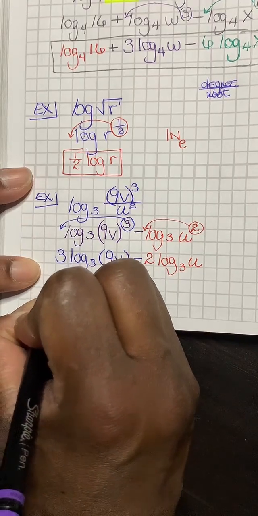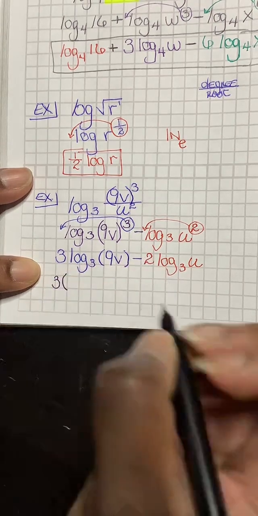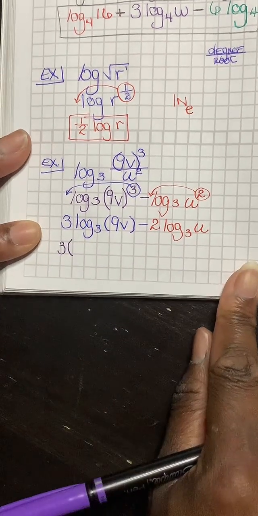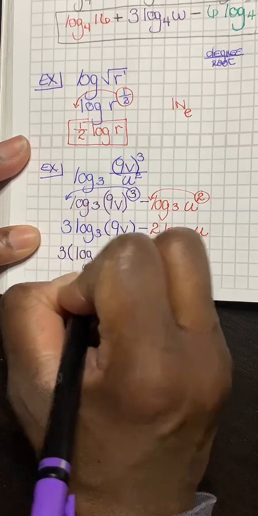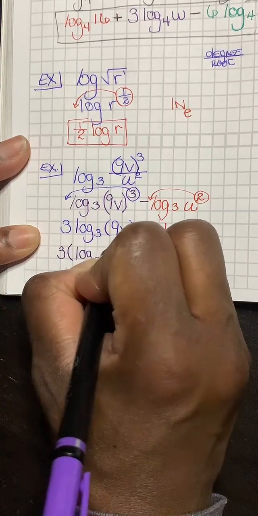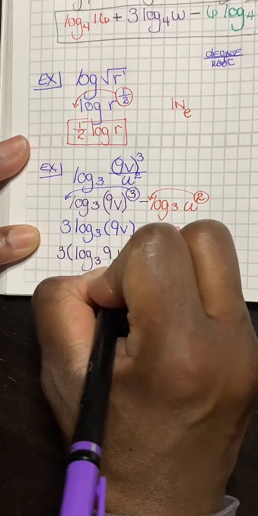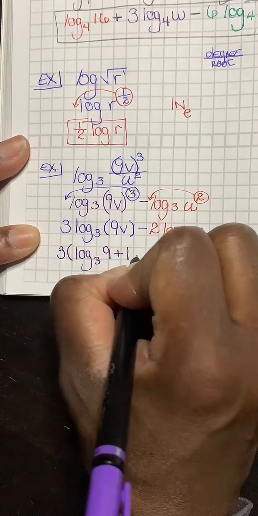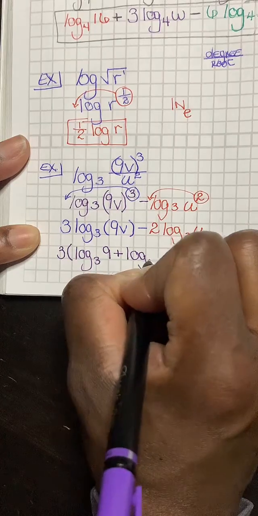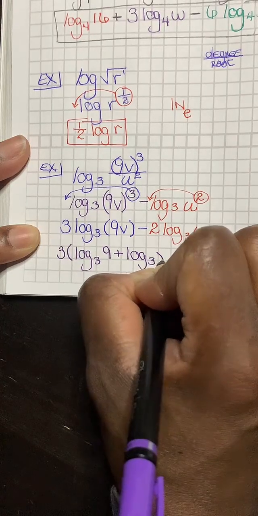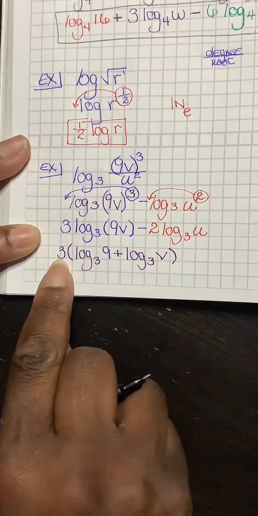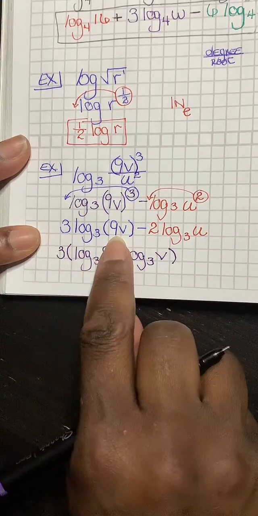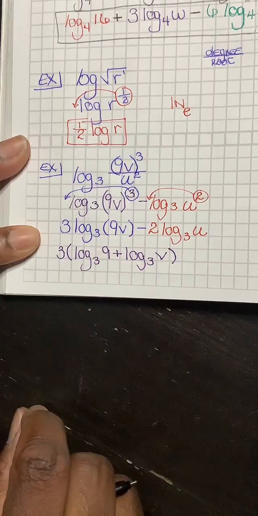But this time, I'm going to put parentheses. The reason why I have my log base 3 for the 9 plus my log base 3 for the v is because remember, this was my exponent for both the 9 and the v.